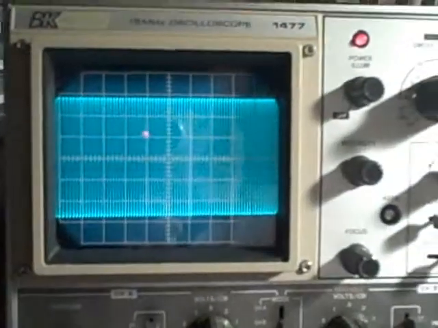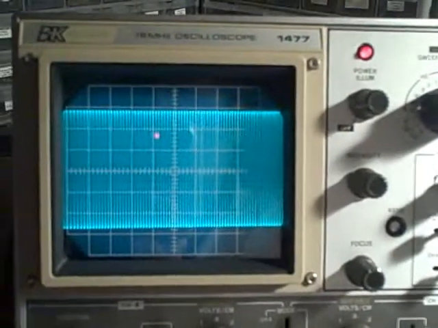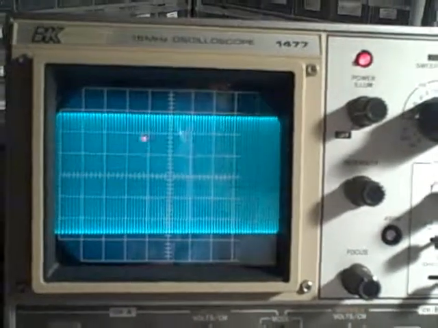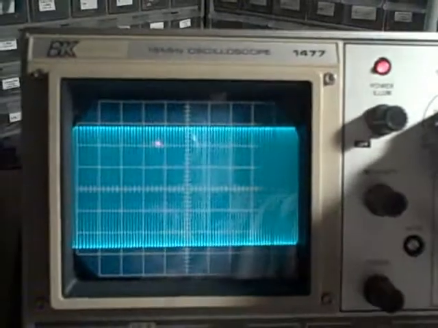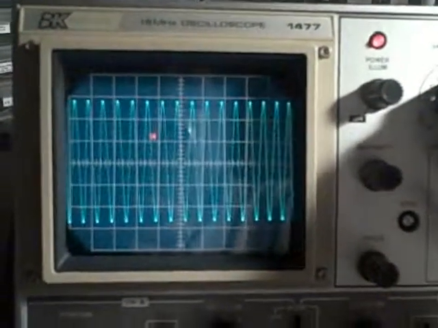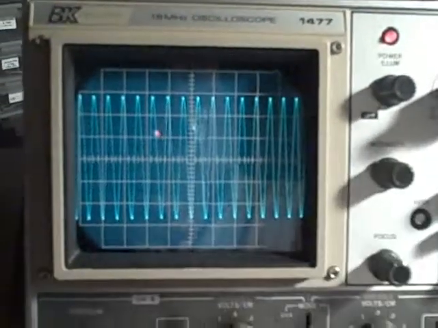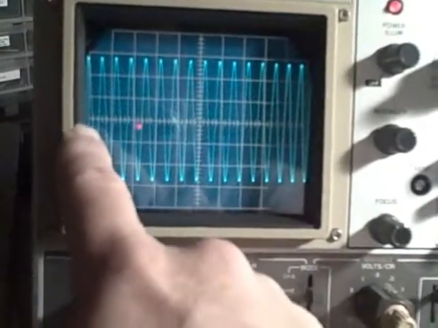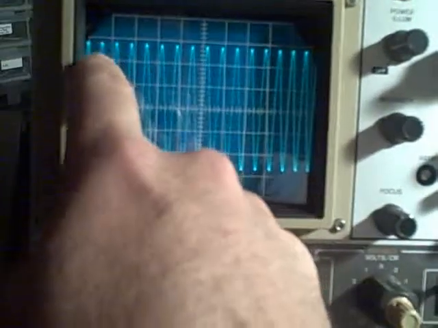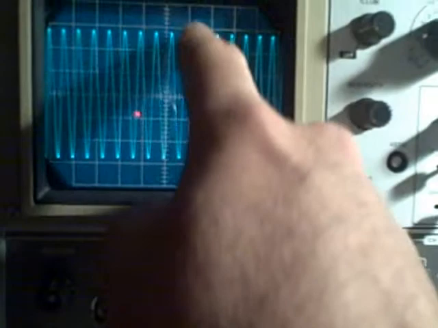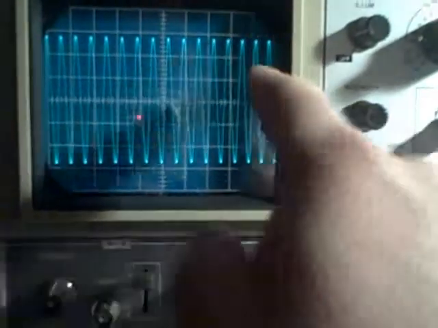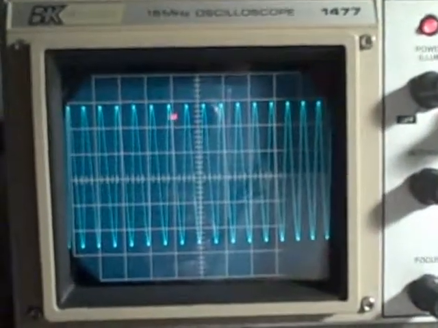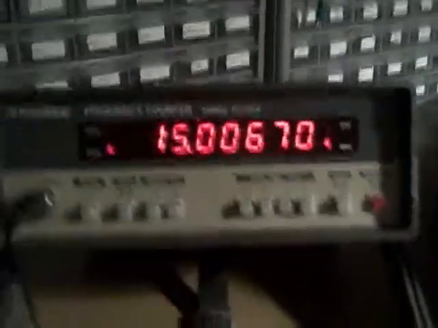Well, we did figure that out for channel A. That is the 3 dB point, actually a little bit better than. And we should be able to see 15 of these things being displayed in 10 divisions. So 1, 2, 3, 4, 5, 6, 7, 8, 9, 10, 12, 13, 14, 15. 15 megacycle trace. We're looking good.